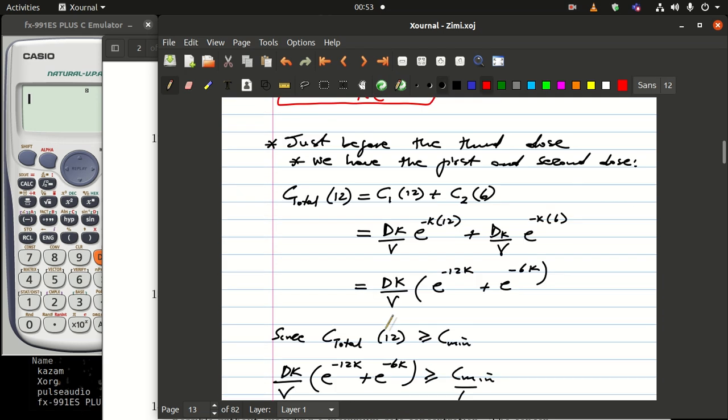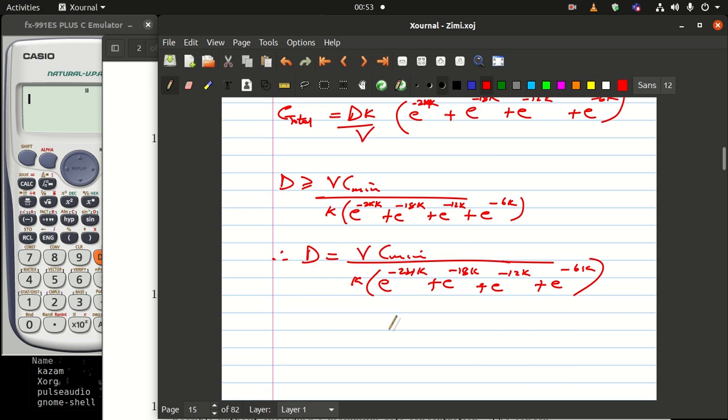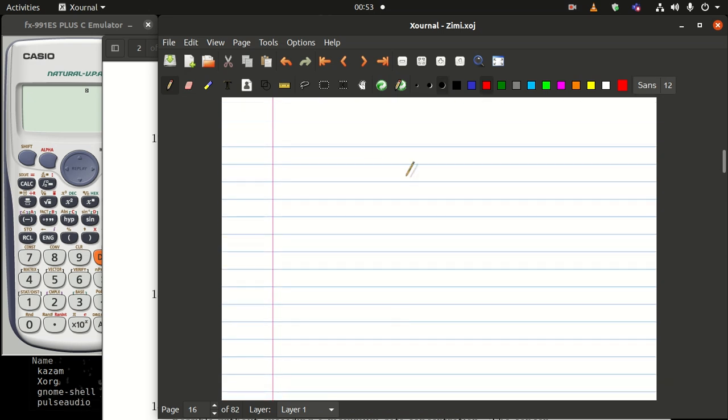Let me just write them here. One of our D is V times C min divided by K times e raised to minus 6K.